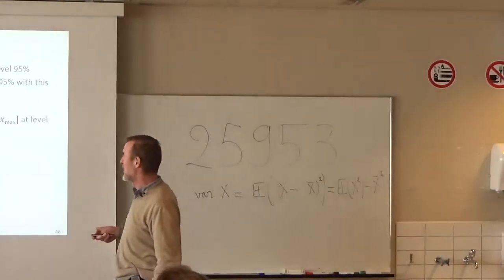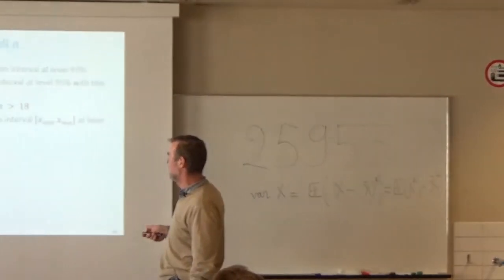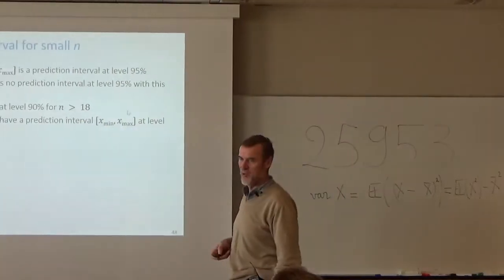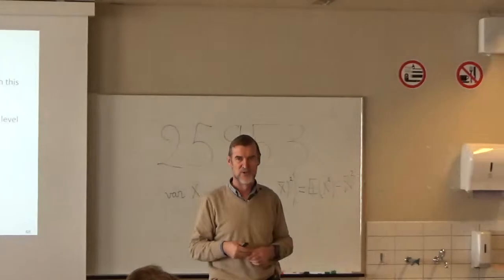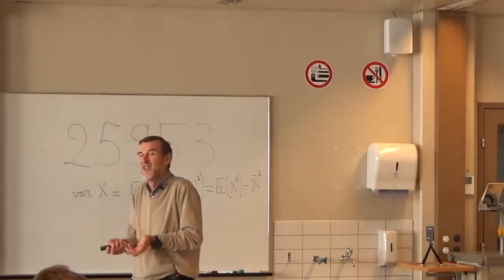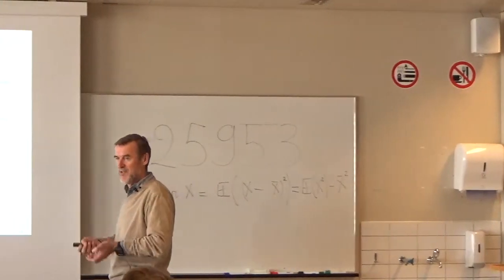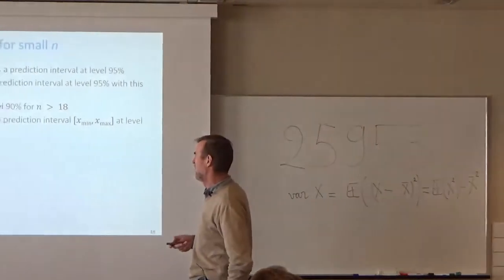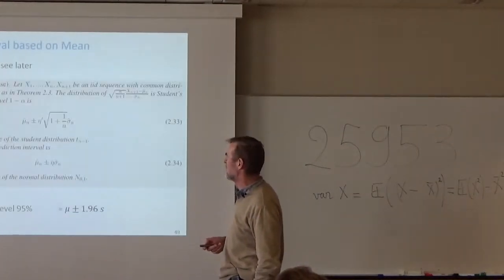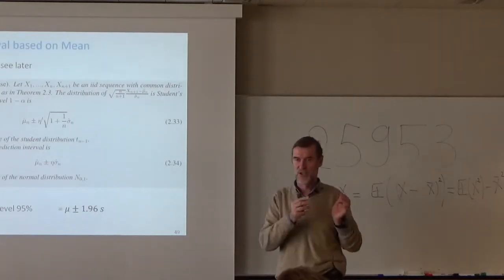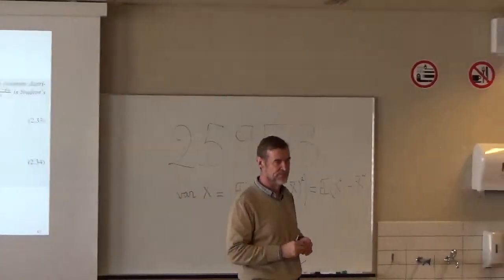You can say with a bit less confidence, 81%, that you will be between the min and the max. It's very similar to all the things we've seen so far. It's similar to what can I say about the failure probability when I've seen no failure. It's similar things and similar probabilistic techniques here. So that's the first bag of methods.